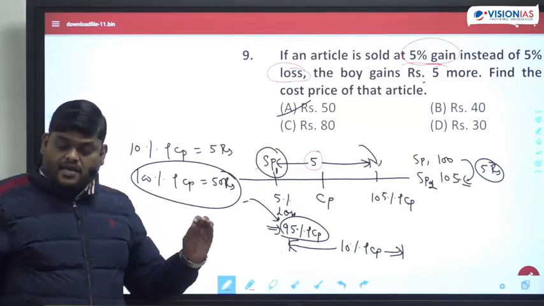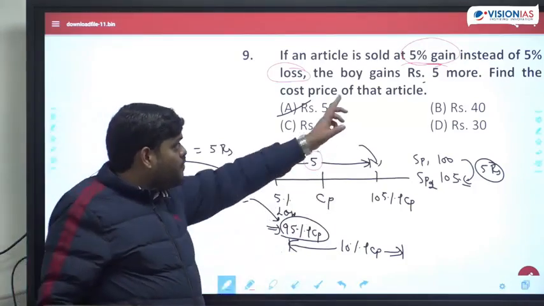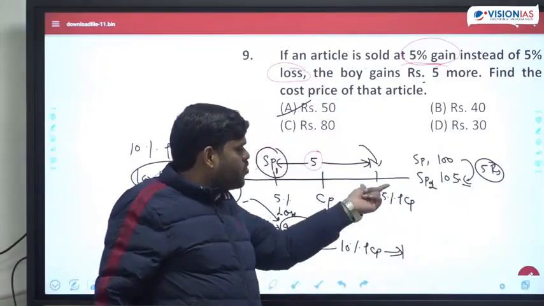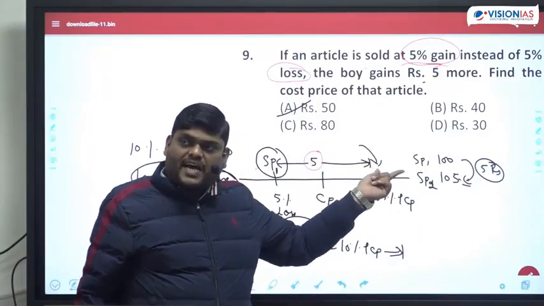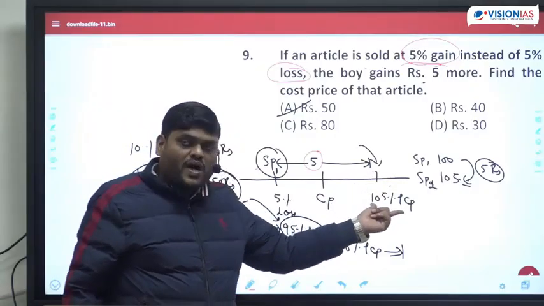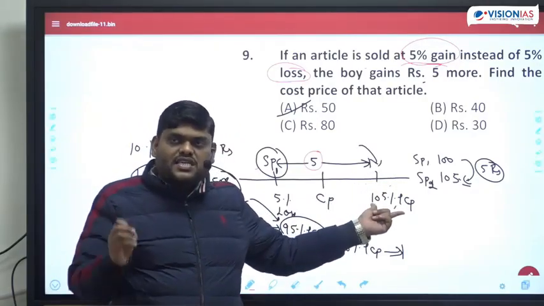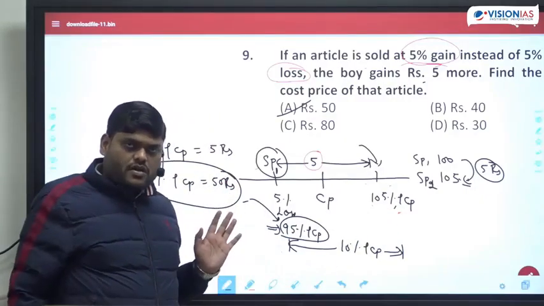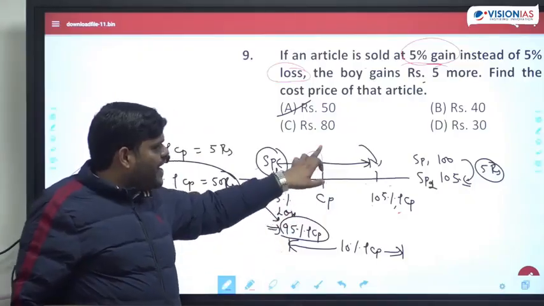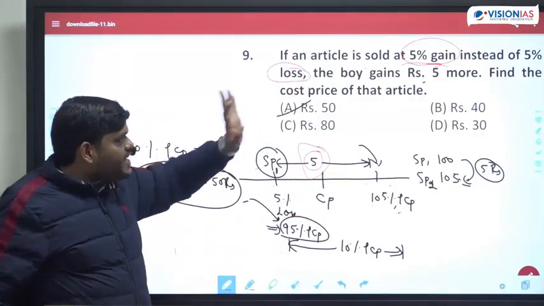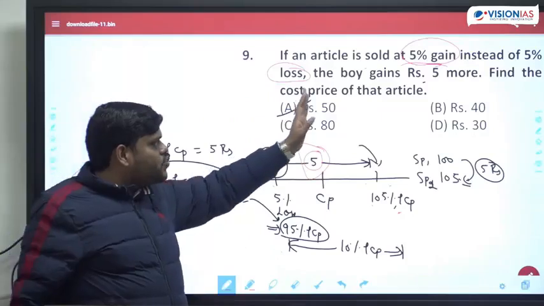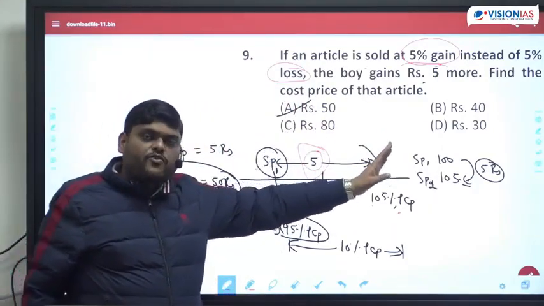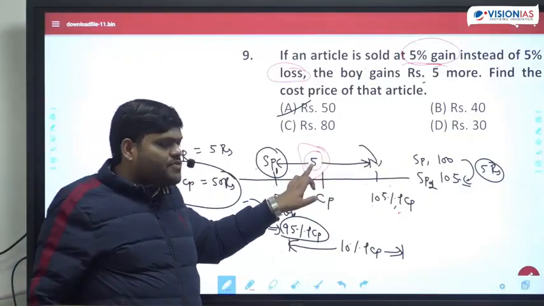Now the item is sold at 5% gain, so the selling price becomes 105% of CP, or not? Is this making sense or not? So the difference between these two is 5 rupees. Why 5 rupees? Because you can read the statement: if an article is sold at 5% gain instead of 5% loss, the boy gained 5 rupees more. That means now the boy is getting 5 rupees more.